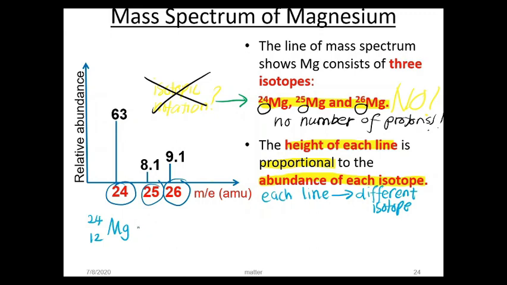The abundance would be 63 for the 25 Mg.